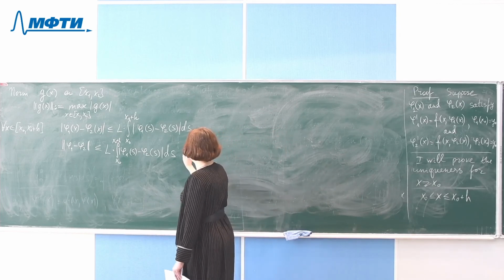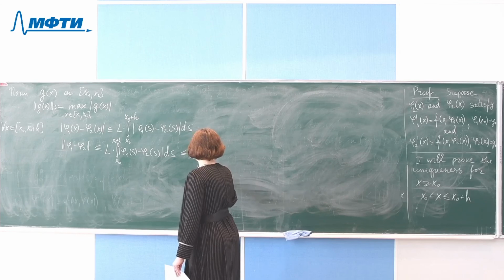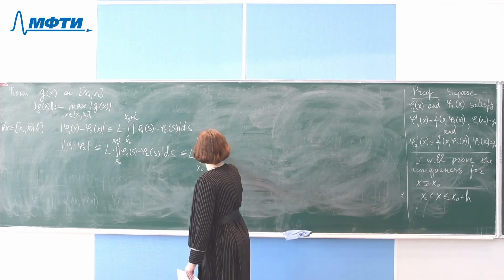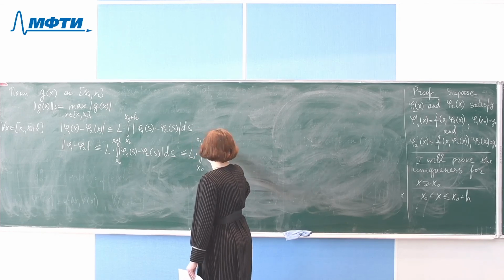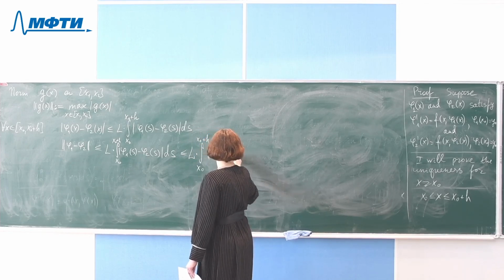And this is less than or equal to L times the integral from x0 to x0 plus h of the norm of phi1 minus phi2 ds.